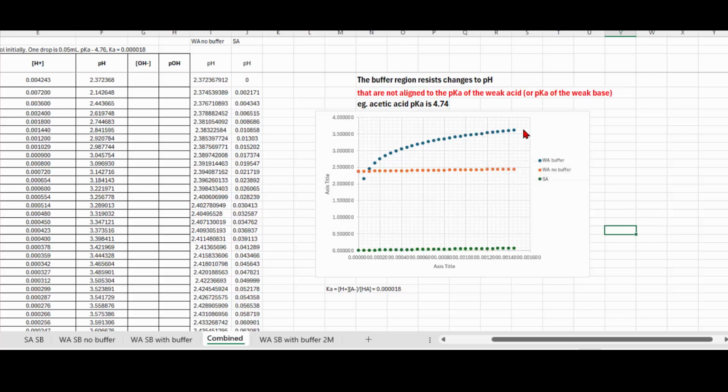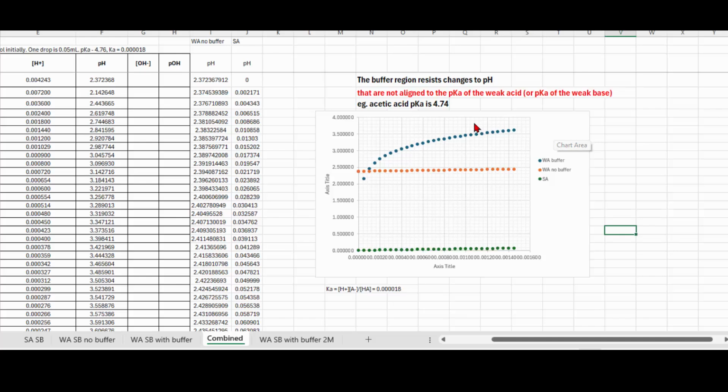And so what you really should be saying is it's resisting changes to the pH that's not equal to 4.74. So it's getting a stronger and stronger ability to resist changing away from 4.74 because the conjugate base is pushing the equilibrium to the left-hand side.